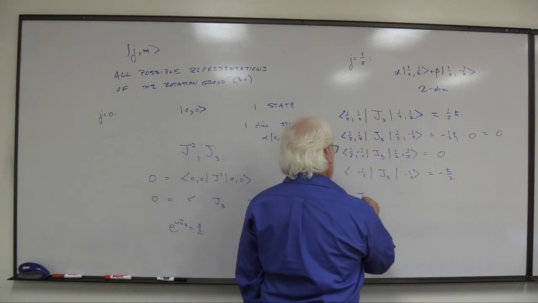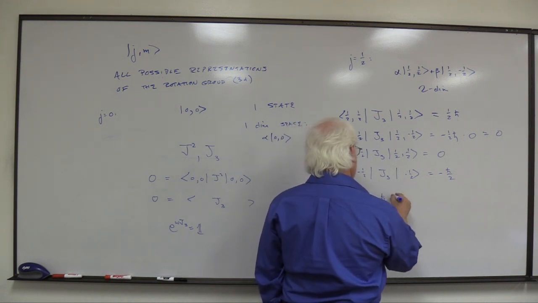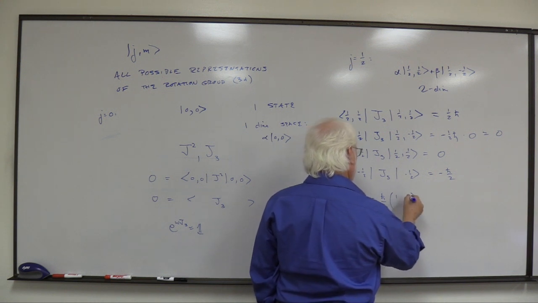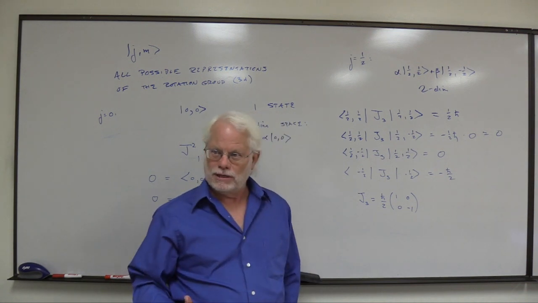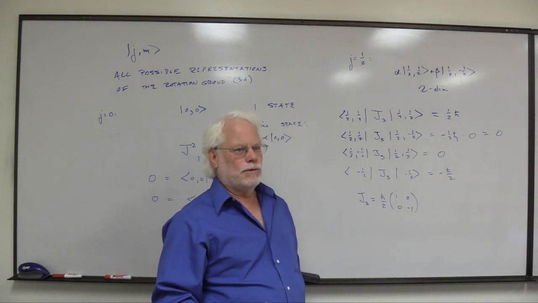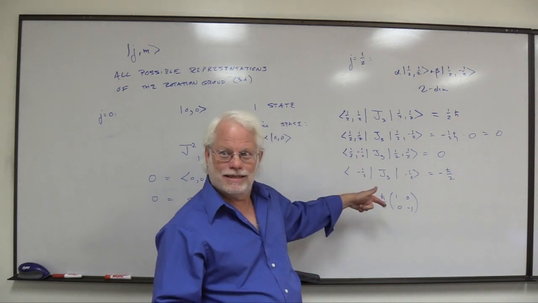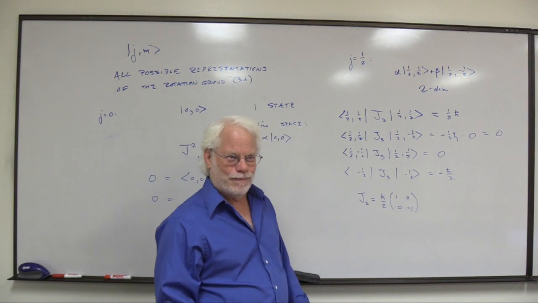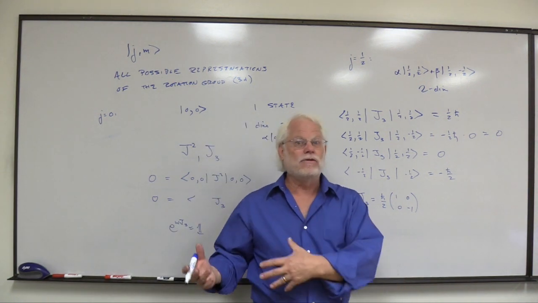So J3 is going to be h bar over 2 times a matrix of 1, 0, 0, minus 1. This is the familiar Pauli matrix. What do you suppose we get for J1 and J2 in this same basis? It's going to be the other two Pauli matrices. This is SU(2). So we found the SU(2) representation that we've already studied.